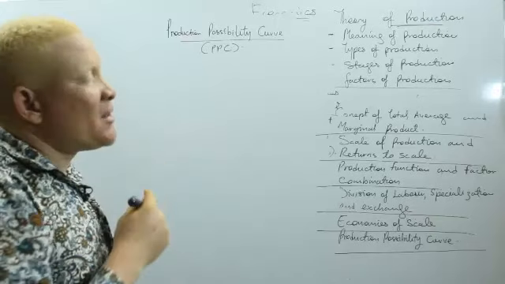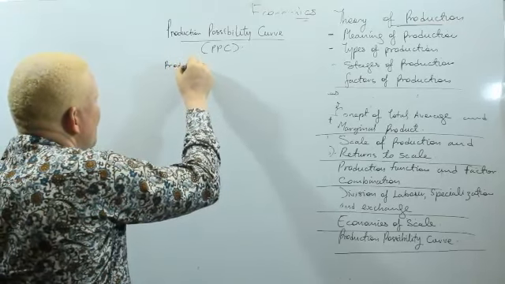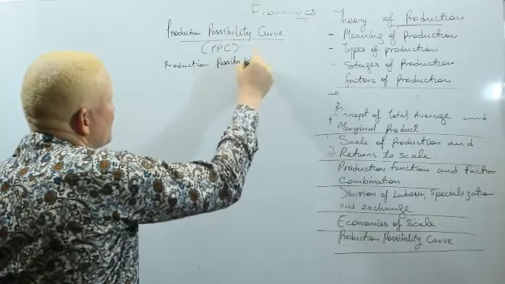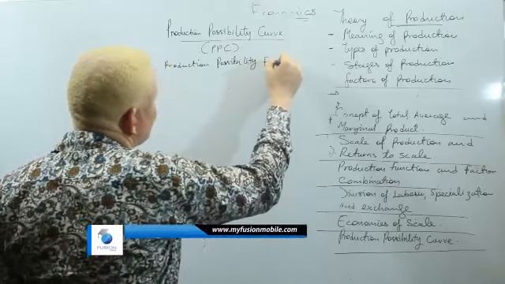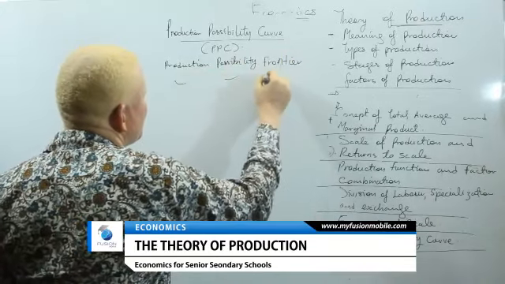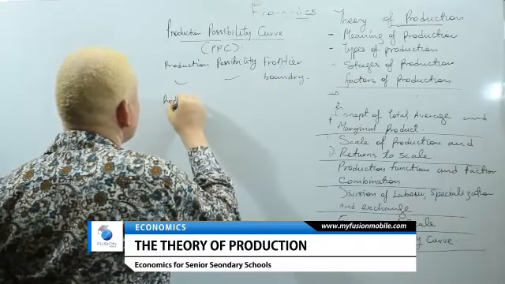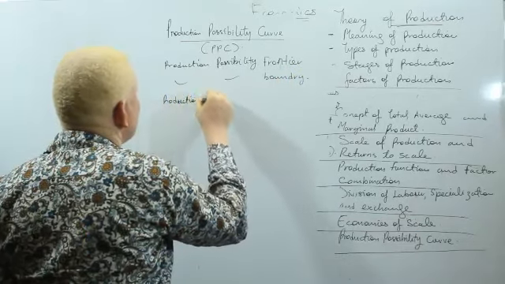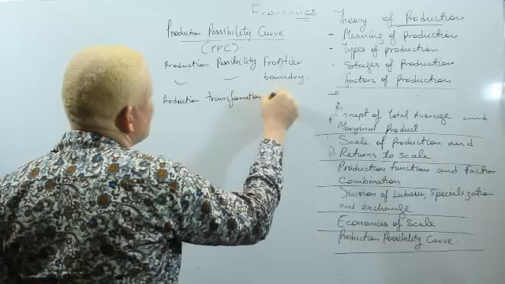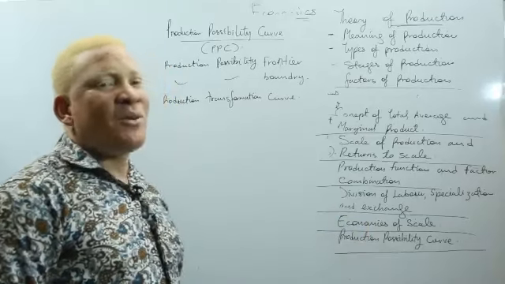The other names you have are production possibility frontier, production possibility boundary, or production transformation curve. Now these are other names for the PPC, but what is actually the PPC?